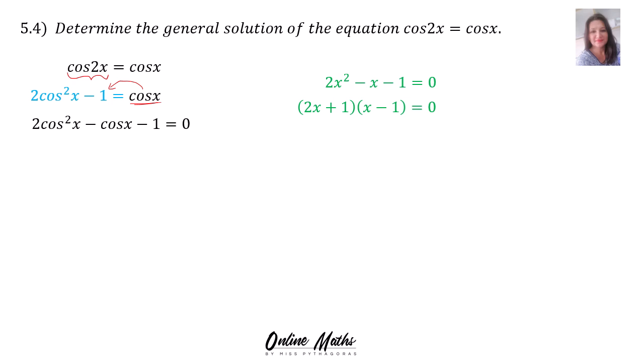So that's the algebra. So in trigonometry, that thing factorizes to bracket (2 cos x plus 1) bracket (cos x minus 1) equals 0. And now you deal with each one individually. So therefore cos x is minus a half, or cos x is equal to 1.